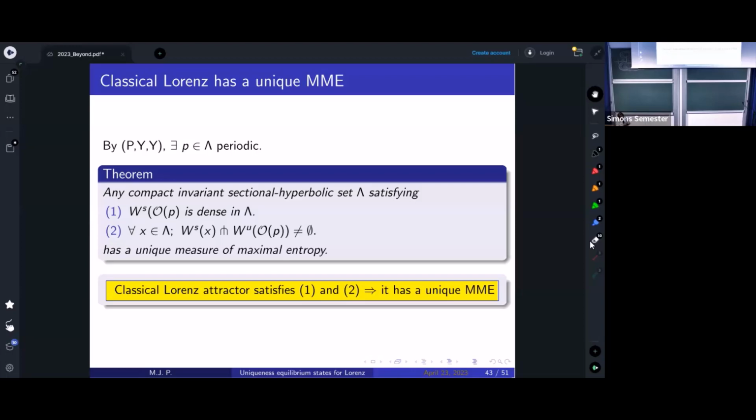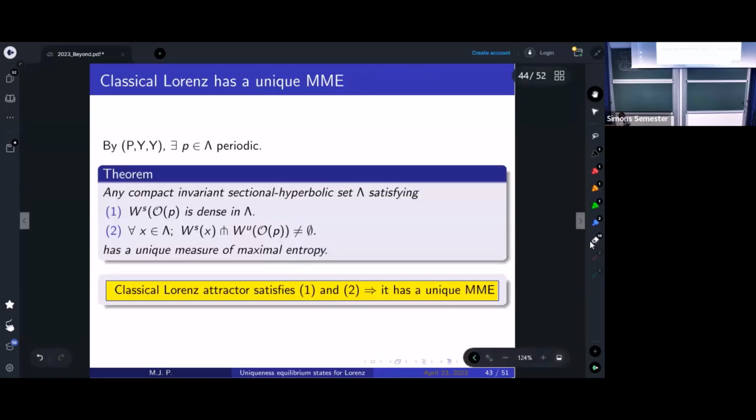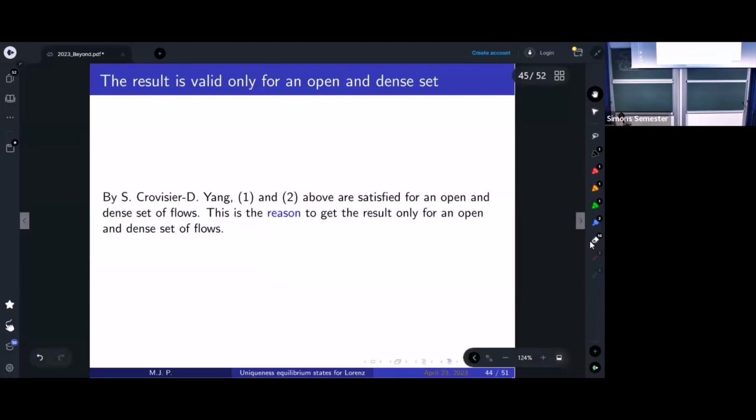Now, why is the result valid only for an open dense set? Because indeed, Crovisier and Yang Jiagang proved that these two properties are only valid for an open dense set of flows. Okay, and this is the reason to get the result only for an open dense set of flows.